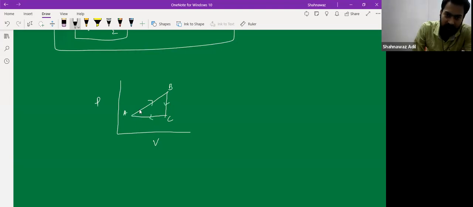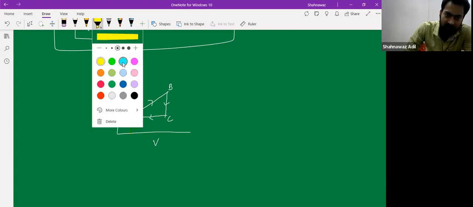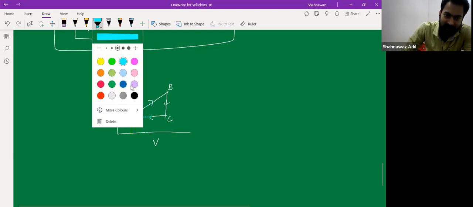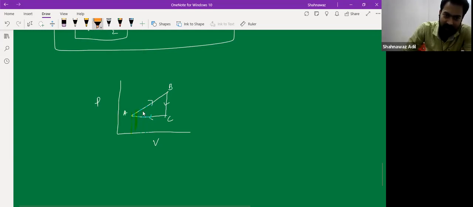Okay, so for this region A to B, what would be the work done? This area, right? So this would be the area.